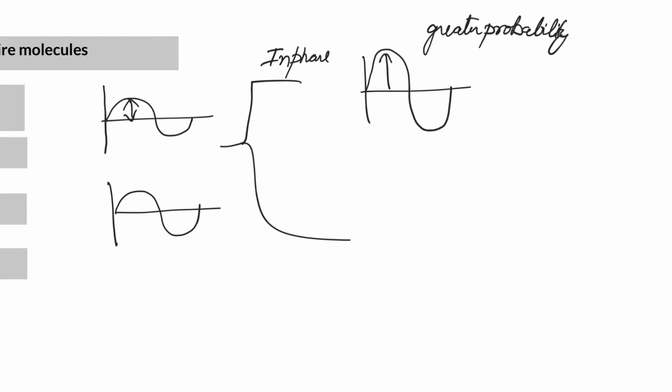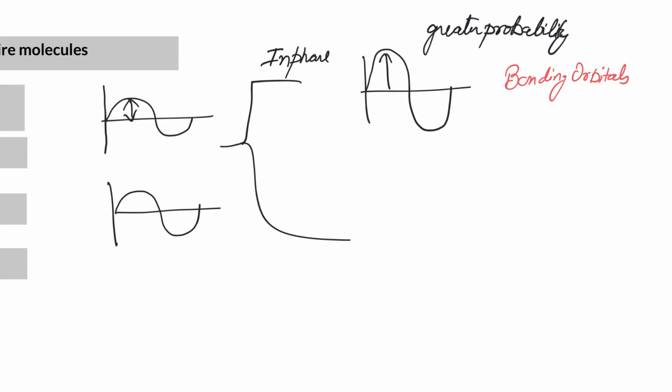So places where we have in phase, we call such orbitals bonding orbitals. The energy here will be lower. Why? Because the probability of electrons is high and hence the repulsion between the nuclei would be less.